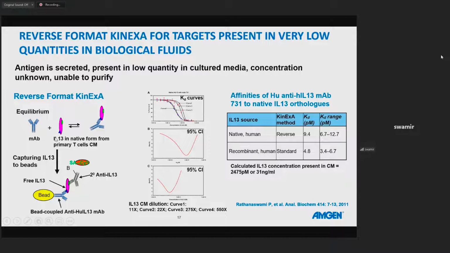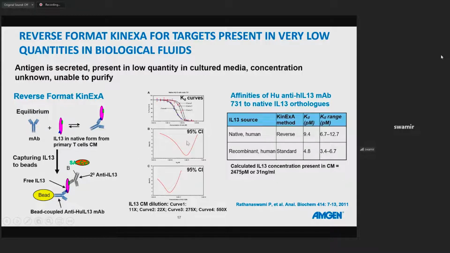For that, we coat the beads with the antibody we are using in the equilibrium and capture the free antigen, and using an antibody which is not competitive with the antibody of our interest, we can label that and measure the free form of the antigen.